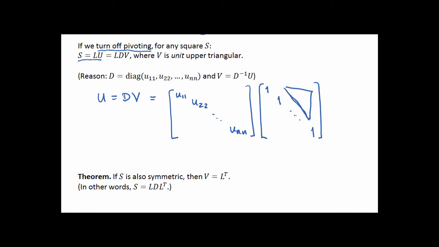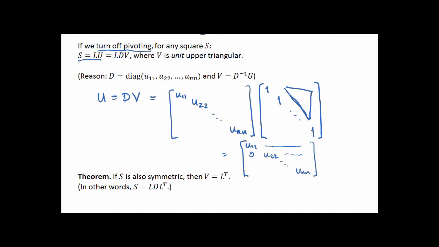We don't know what those numbers are. I'm not saying anything about those numbers, but it's pretty clear that if you multiply out these two matrices together, in the diagonal you end up with U11. Then we change the rest of the first row, but we don't care what that is. In the second row we have 0 and then U22, followed by other stuff, and so on.